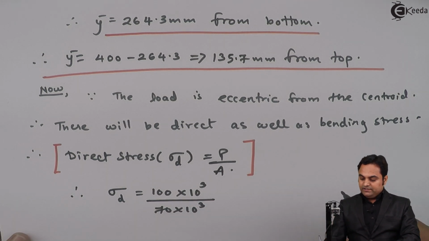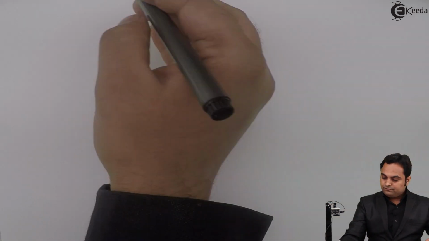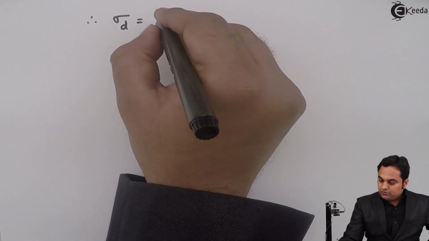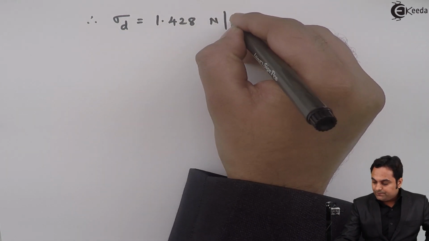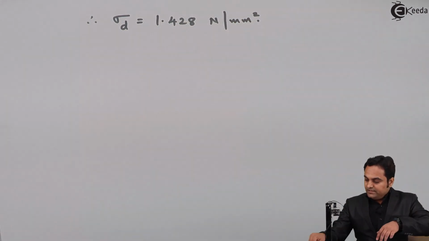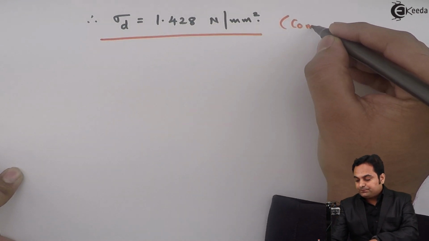So from this I'll get the direct stress as 1.428 Newton per mm square, and this direct stress is of compressive nature.